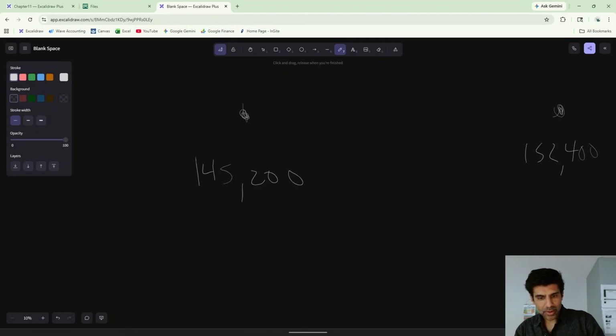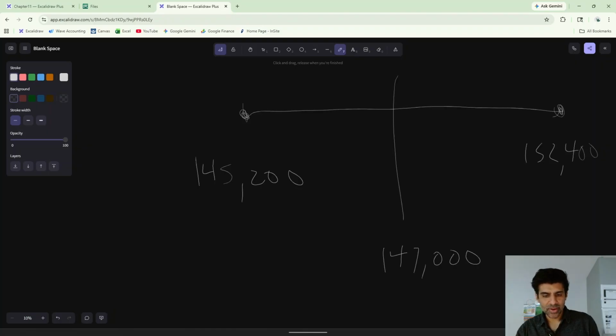And along the way, they're gonna cross over the $147,000 limit. Okay, so this is the total distance they're going, and the total distance is 7,200.